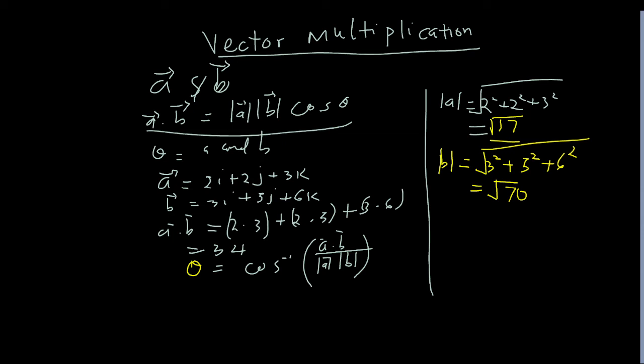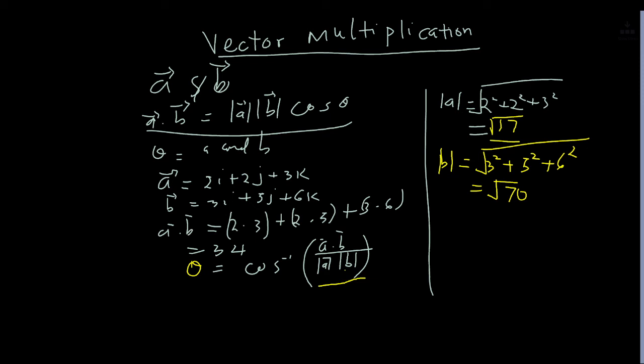So up to here we have the magnitude of vector A and the magnitude of vector B. Coming back to our formula, to find theta we find the cos inverse of vector A dot vector B divided by the magnitudes of these vectors.